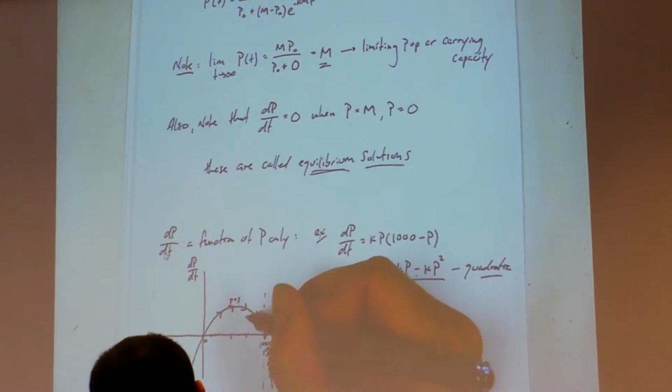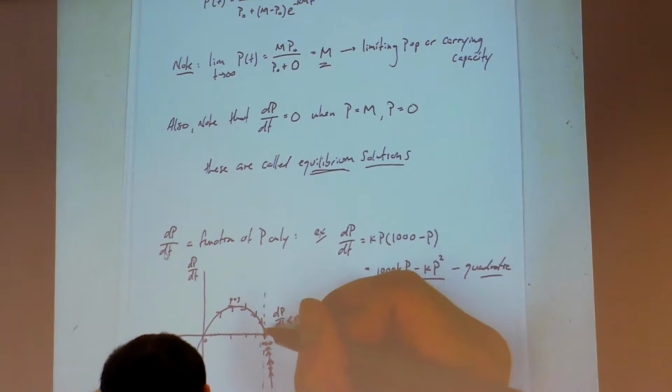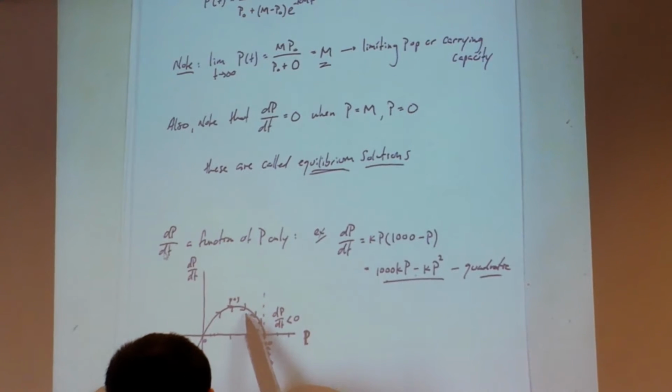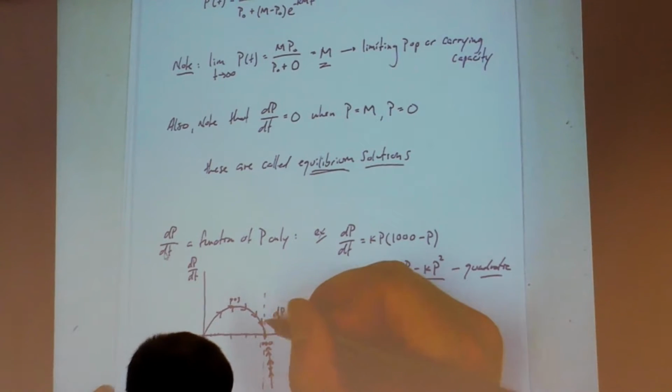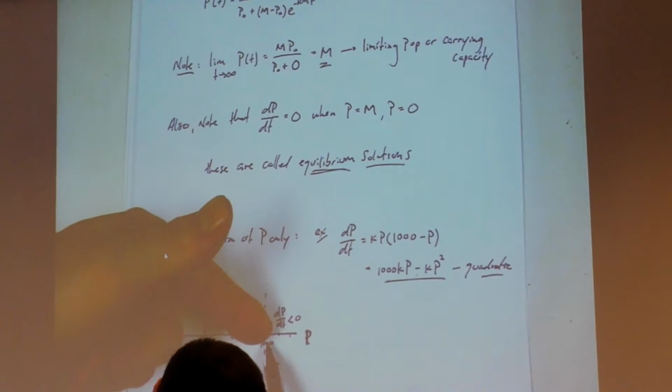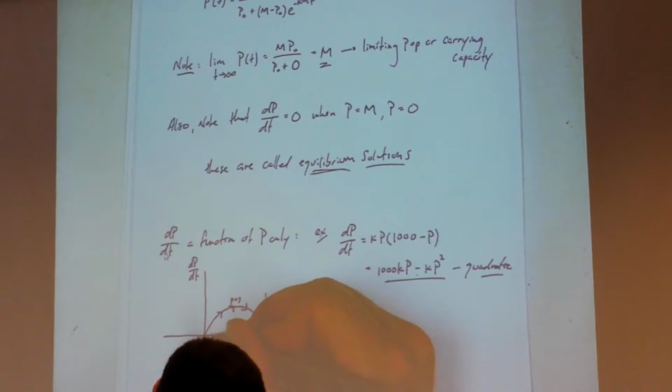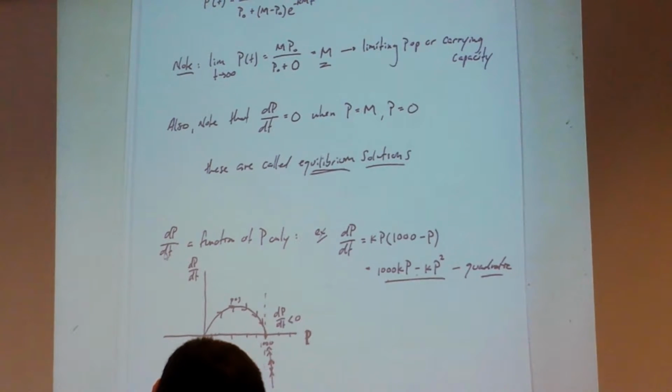Okay. Over here, when the population is less than 1,000, dp dt is positive. And if the population is less than 1,000 but the derivative is positive, then it's increasing towards 1,000, and staying there, asymptotically. Now notice on the other hand, 0 was also an equilibrium solution.